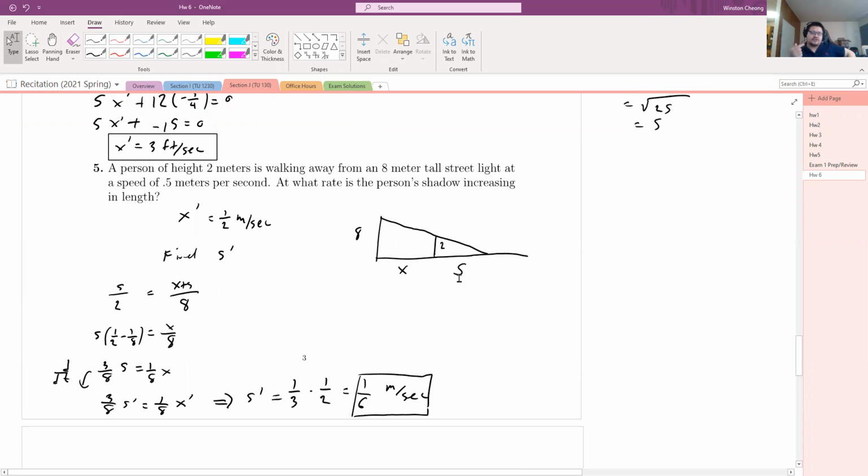I create the proportion that makes sense for my problem, the one that's more convenient. Here, notice my proportion, I'm doing S over 2. What I did is I divided two sides that are from the same triangle. But on the other side, I'm doing two sides from a different triangle, but I'm doing them in the same order. And that's going to end up giving me a proportion that is still true.